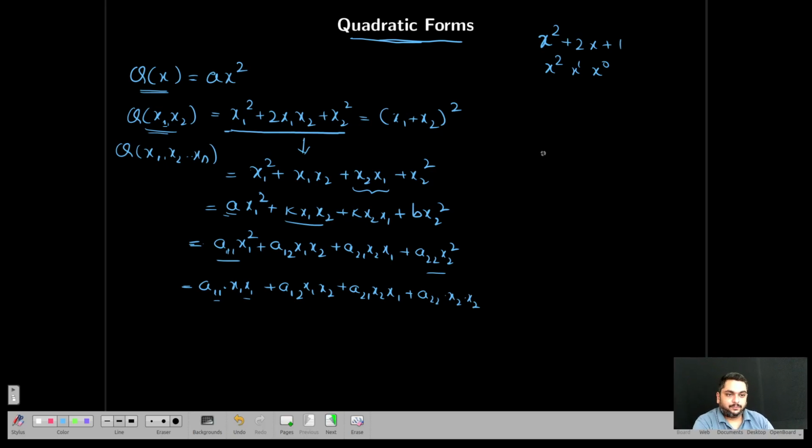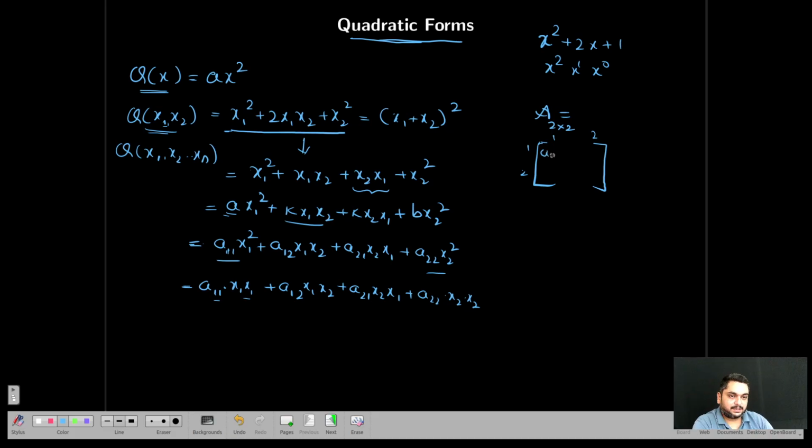So there are four coefficients. Let me represent them in a matrix. How can I represent it? I have four coefficients, which means a 2 cross 2 matrix. You already know this is row 1, row 2, column 1, column 2.